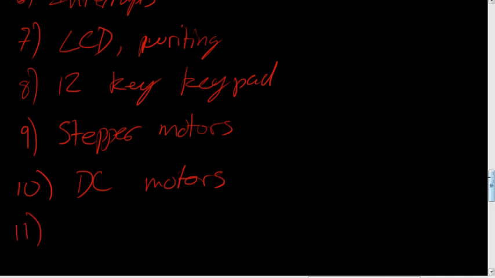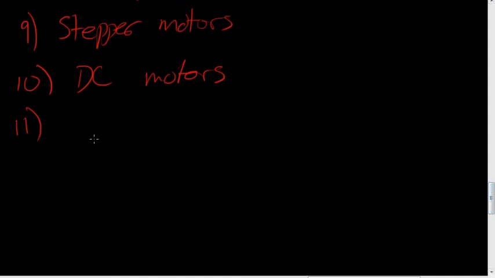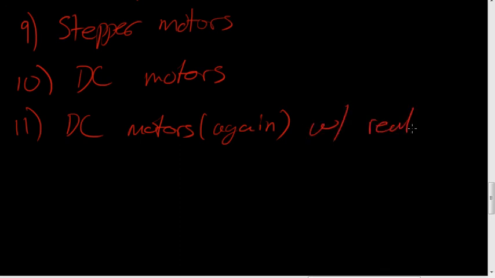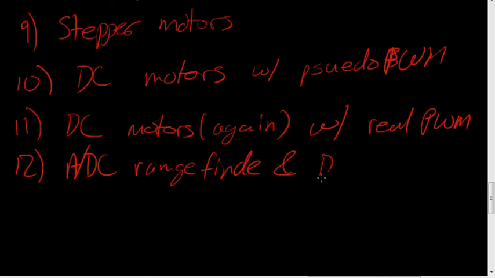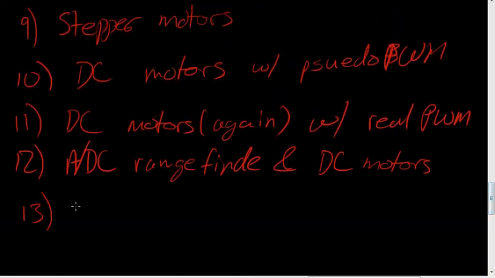11, DC motors again, but with real PWM, not pseudo PWM. 12 was A to D conversions using the rangefinder, and DC motors from Lab 11, and Lab 13 was multiprocessor communication.